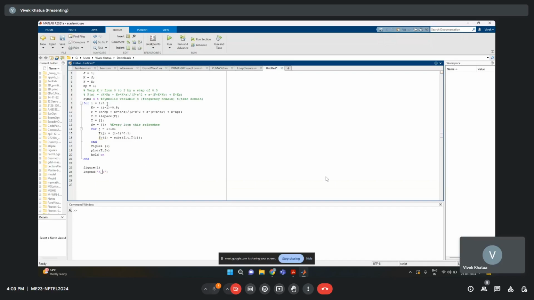K underscore V. So you can put a backslash so that V will go underneath K. K underscore V is equal to 0.5, comma, backslash, K underscore V is equal to 1.0.